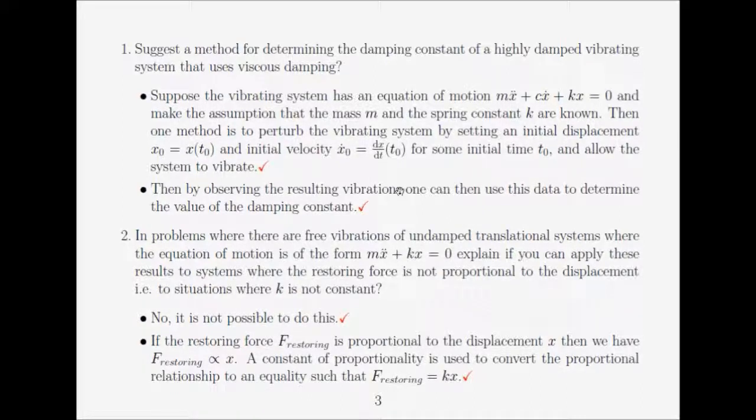Let's look at the equation of motion: m x double dot plus k x equals 0. Intuitively, this is a mass spring system with no damping value. So the question is, can we use that equation where the restoring force is not proportional to the displacement?